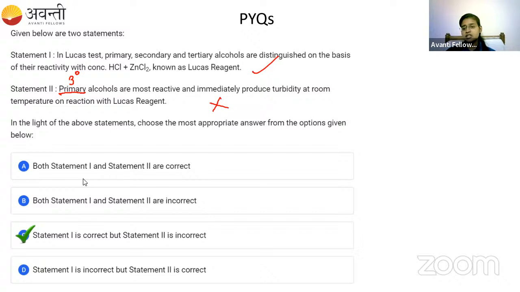I can start amines, no issues with amines, but there will be some concepts in biomolecules from the aldehydes lesson. So I will think of it and I will start, whether to start aldehydes or amines. Let me discuss and I will let you know.